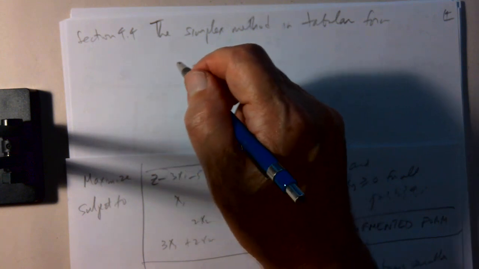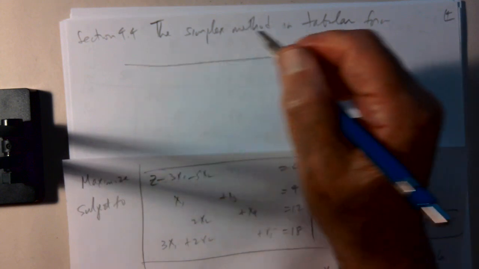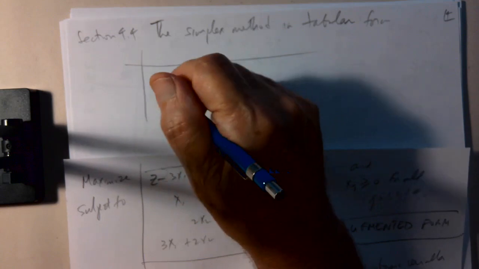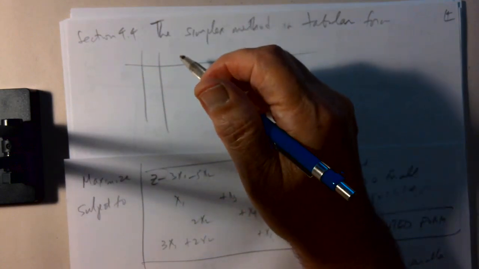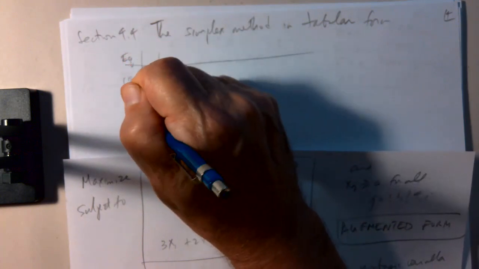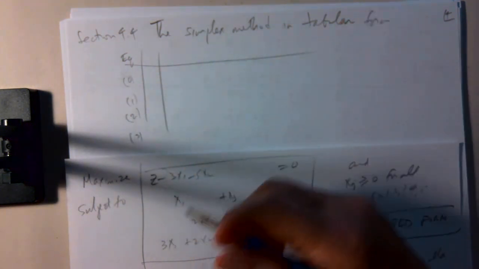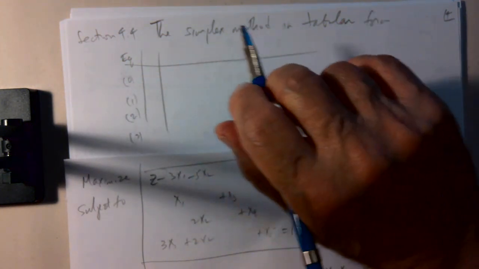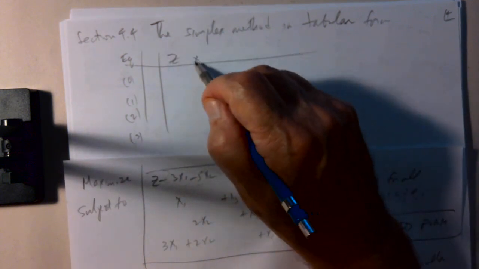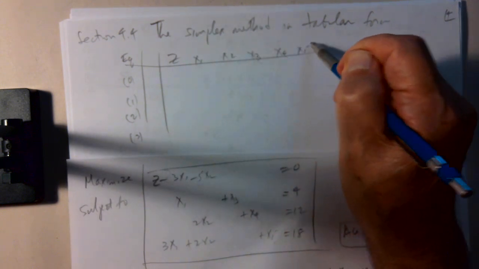So this will be equation 0, 1, 2, and 3. And our variables are z, x1, x2, x3, x4, x5.